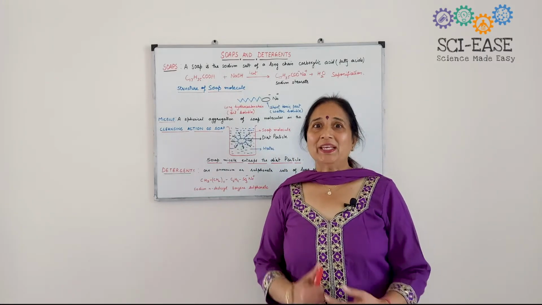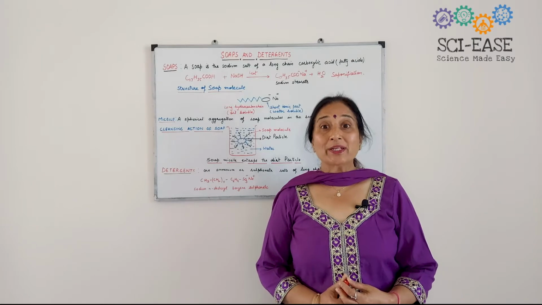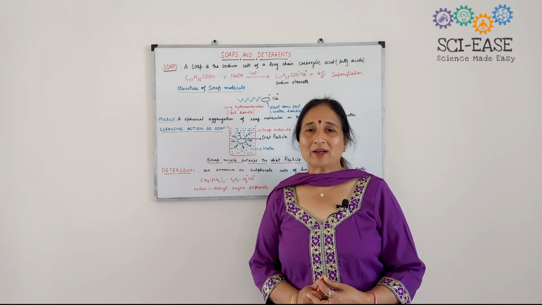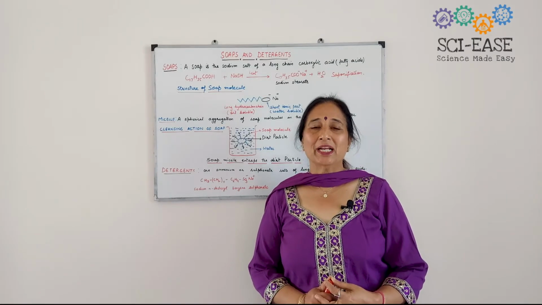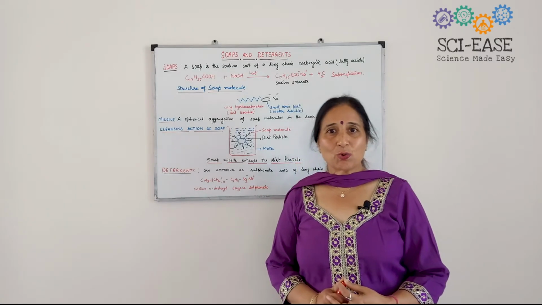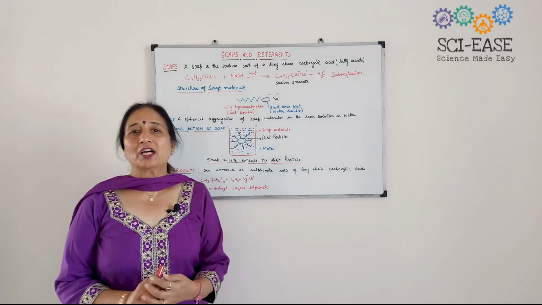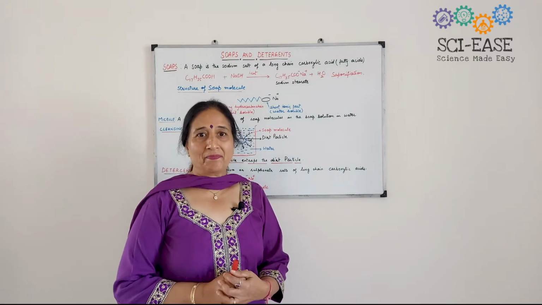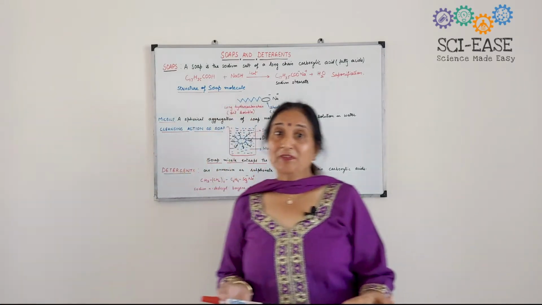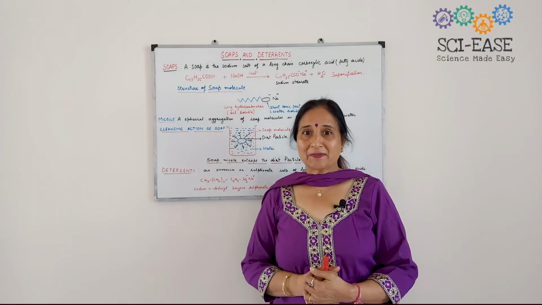Now in this video, I'm going to discuss the last topic of the very long chapter Carbon and its Compounds, that is soaps and detergents. When we just wash our hands, the dirt remains on our hands.